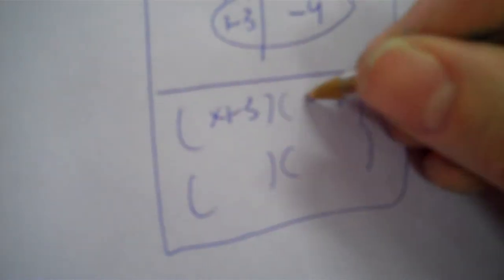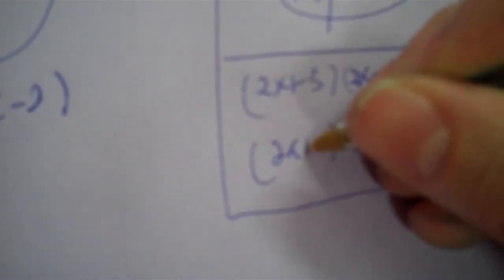A is 2x to the second. So plus 3 minus 4. And then 2 and 2. 2 and 3 can't be simplified. That will remain 2x plus 3. 2 and 4 can, though, by 2.